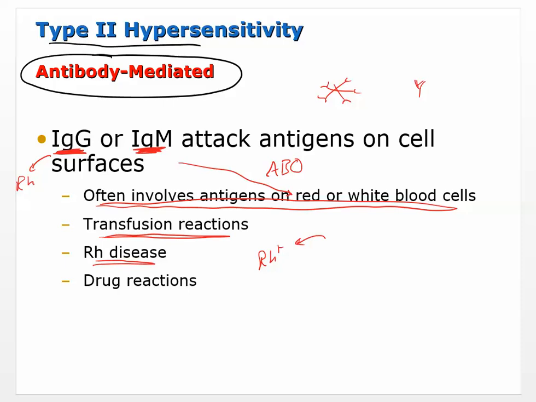We'll talk about how penicillin may actually bind to the blood cells, and then your antibodies may come through and recognize that and attack the blood cell itself.